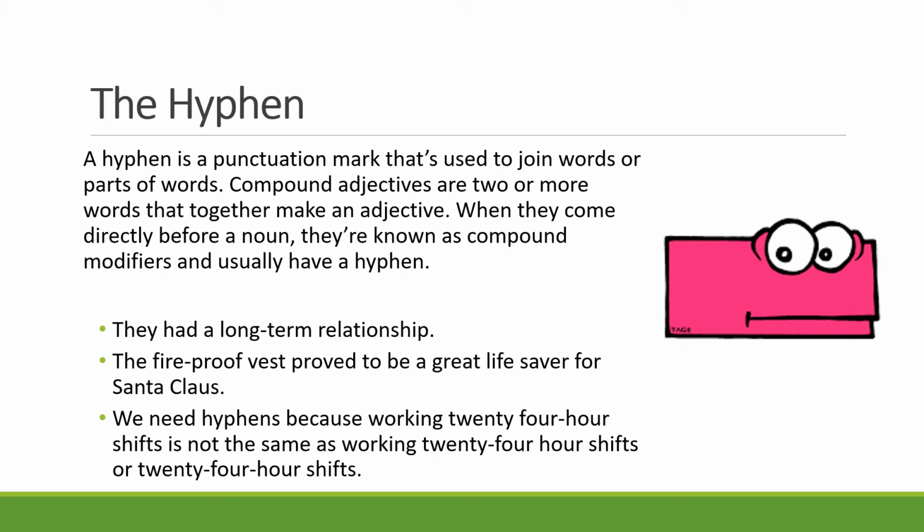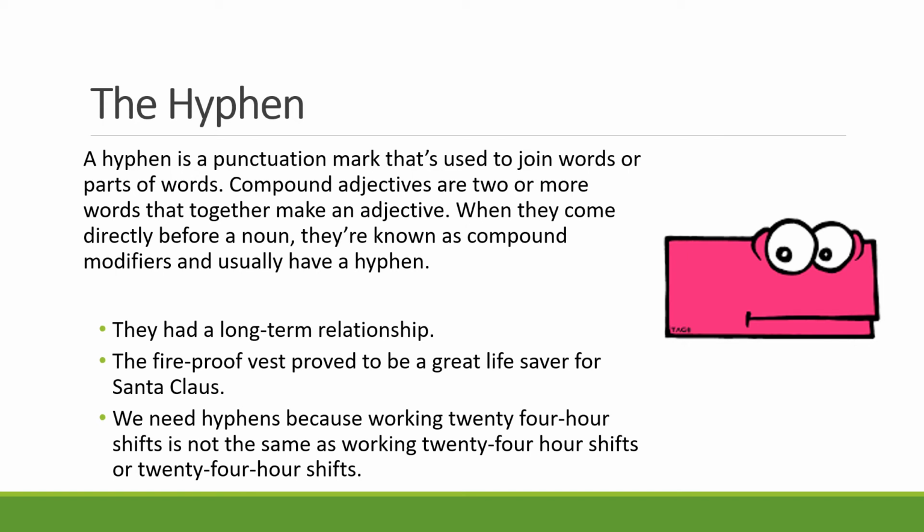We also have something called the hyphen, and the hyphen is a punctuation mark that we use to join words or parts of words. So it is a little horizontal line in the middle of your line between two words.